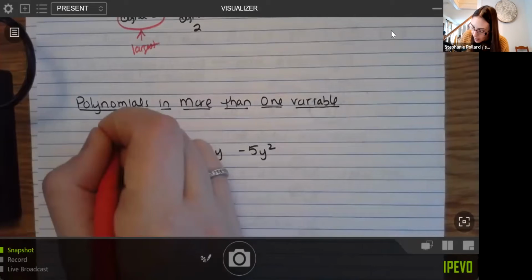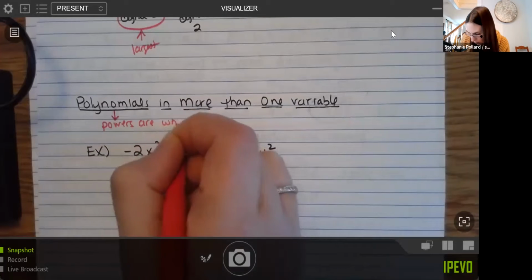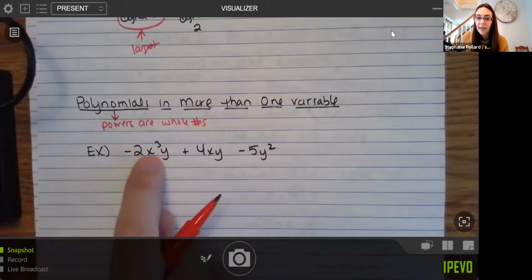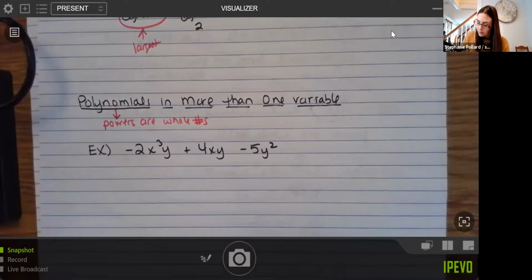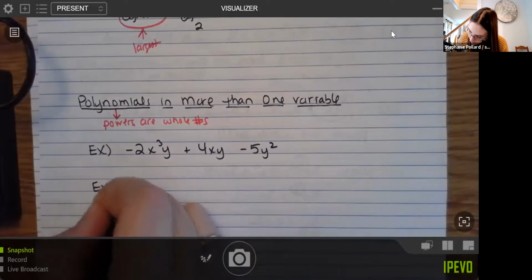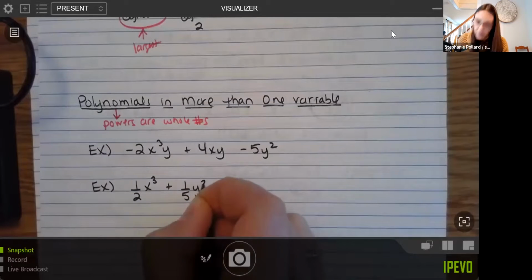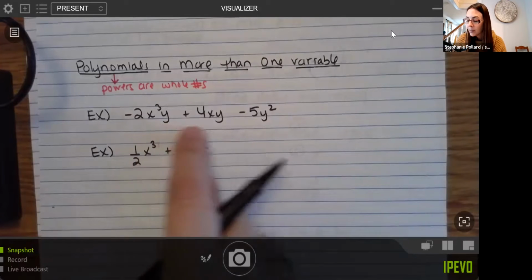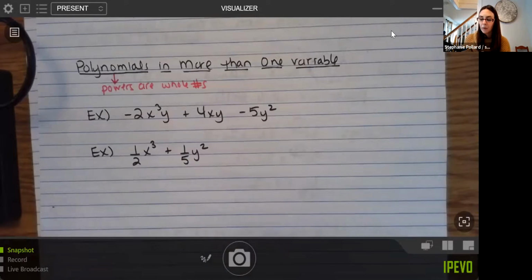For a polynomial, again, the big thing is that your powers are whole numbers. It's okay to multiply variables together. That is fine, but I'm not dividing by any variables, okay? You can have fractions, that's okay. So that's another example. But as long as those powers are whole numbers, you can have variables being multiplied, or you may have them separate, it doesn't matter, but you have more than one variable in that example.